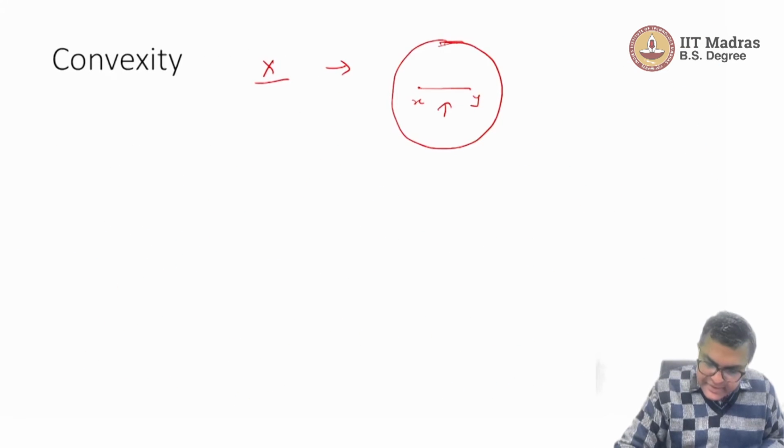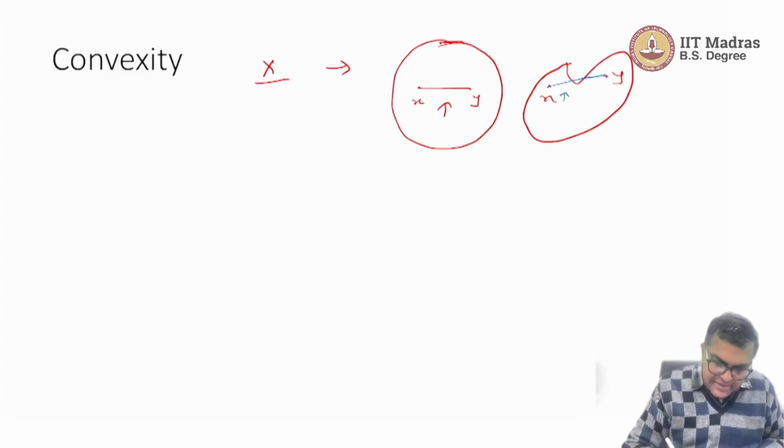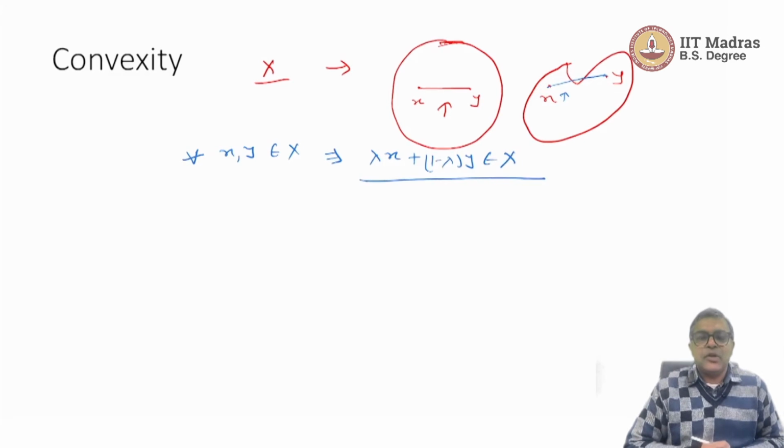If we had a set like this, and we take x here and y here, what would happen? If we connect x and y, the line is not completely within the set. So, when we have a set such that for all 2 points in that set, if we draw a line between those 2 points, it is completely contained within the set, then we call that set a convex set.